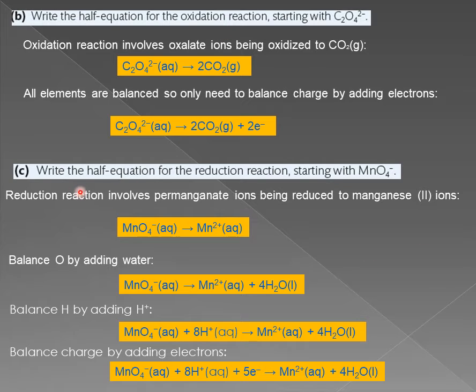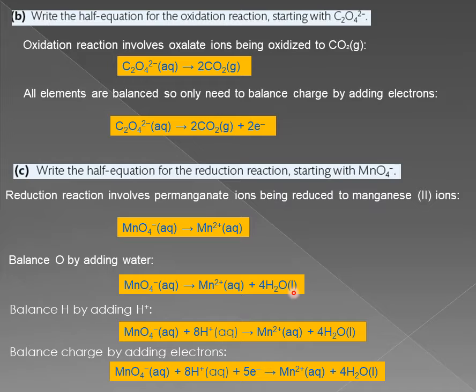The second half equation, we need to write the half equation for the reduction reaction. So permanganate gives manganese. So first we need to balance the metal. After that we need to balance the oxygen. We have here 4 oxygen, so we have to add 4 water molecules here to balance the oxygen.